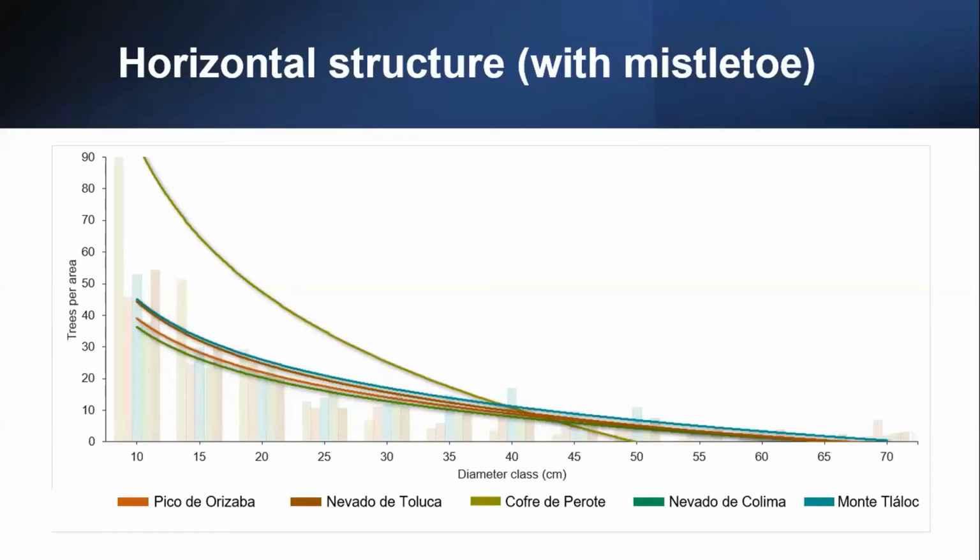And what happened with the horizontal structure? For example, this is the horizontal structure with all trees with mistletoes.